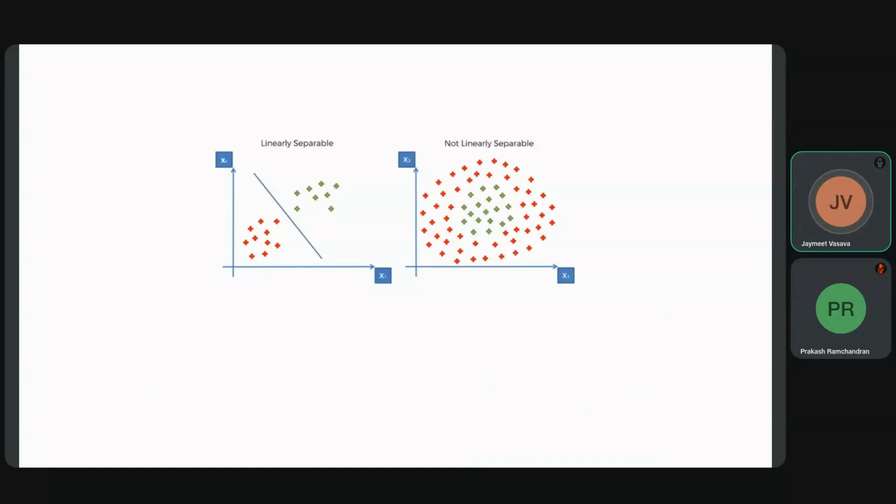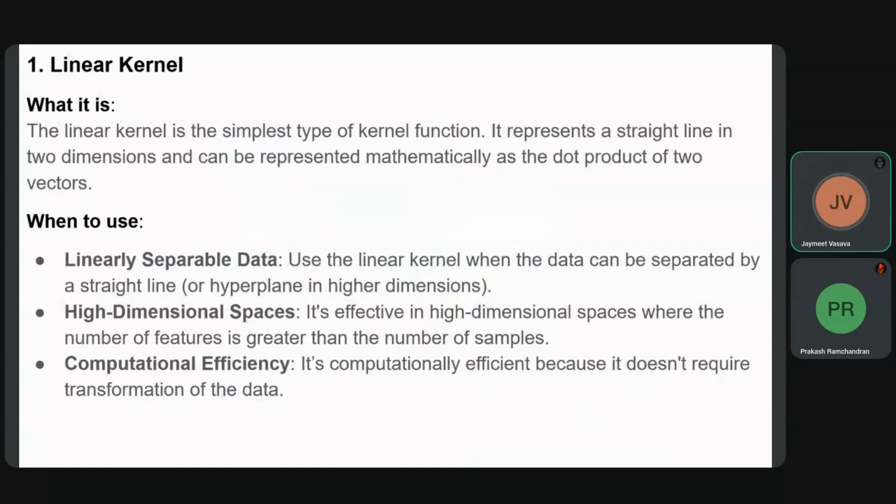In such cases, we use transformations of data to map them into a higher dimensional space and create a hyperplane where we are able to separate them. For that use of transformation, kernels are used, which is the topic of discussion today.